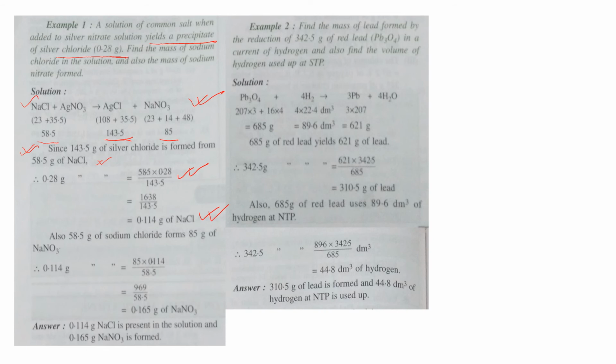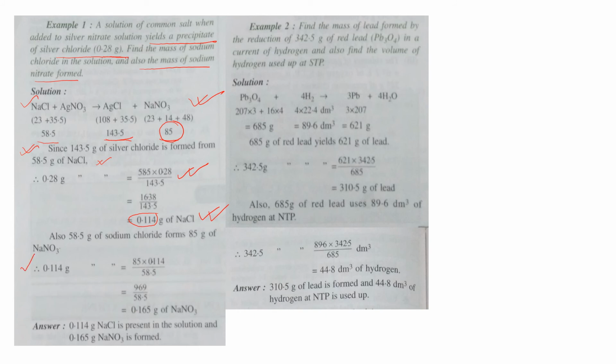Now my next question is also the mass of the sodium nitrate formed. So now I can use this NaCl information also. So 58.5 gram of NaCl is producing 85 gram of NaNO3. So I am having now 0.114 gram of NaCl.